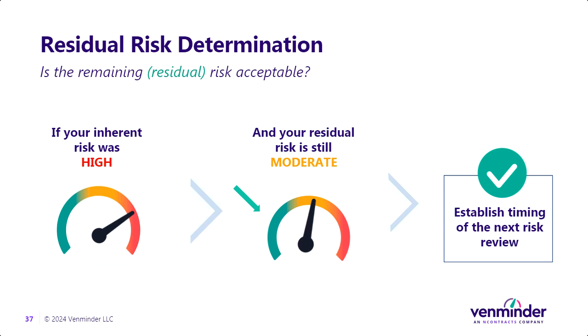And then you also want to remember that you're going to remain vigilant with this particular vendor, because it does have an inherent risk rating of high. So this residual risk rating of moderate now is giving you more comfort that those controls are good controls, and that you'll know to monitor those controls throughout the relationship to ensure they're still in place and haven't waned in that process, but maybe even strengthened in that process.